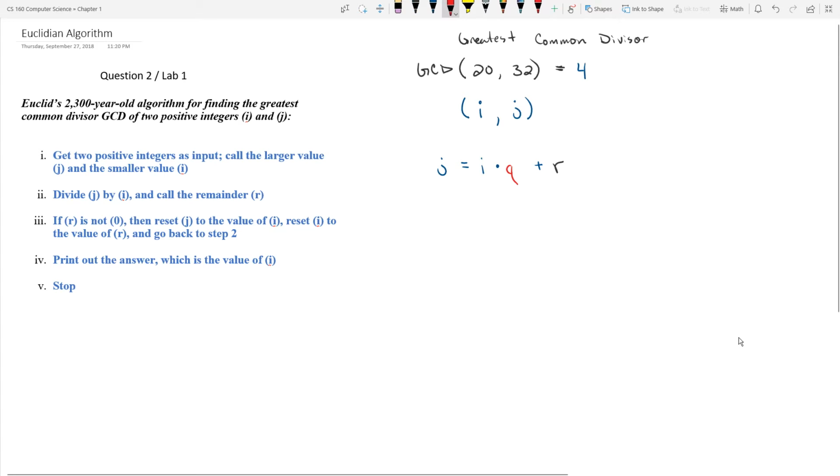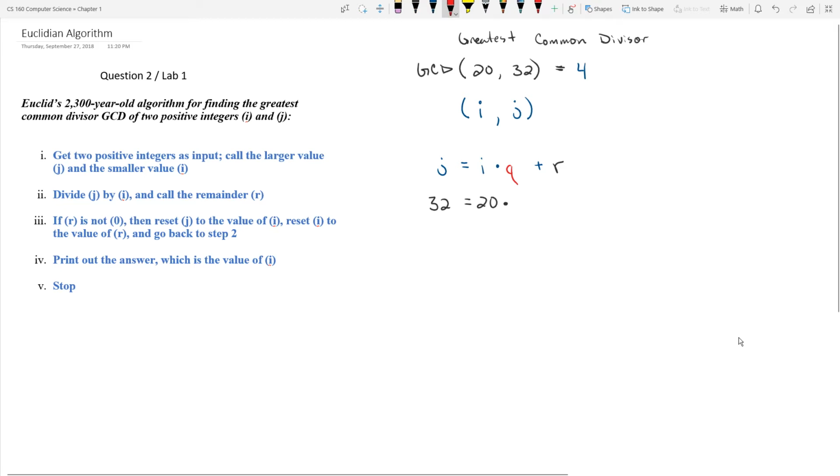Let's define those variables. We already know what I and j will represent. We know that j is going to be the value 32, and I will represent 20.